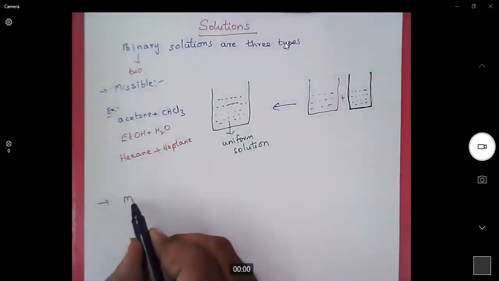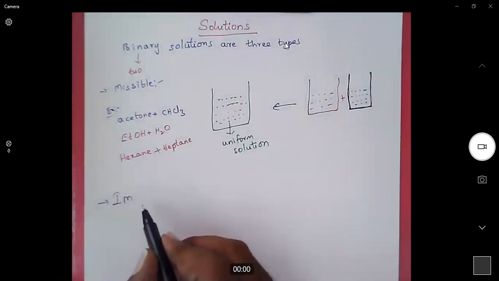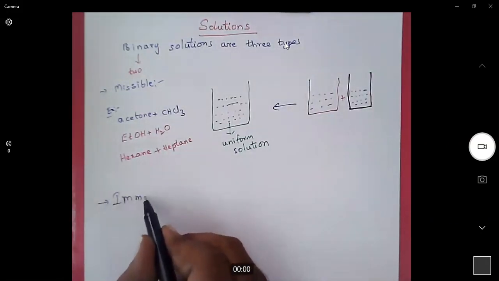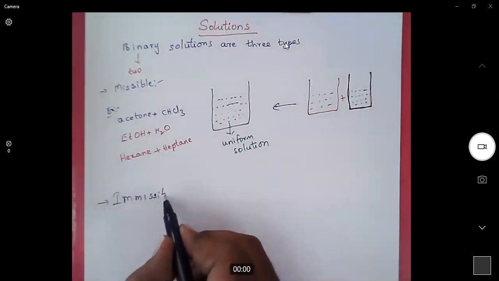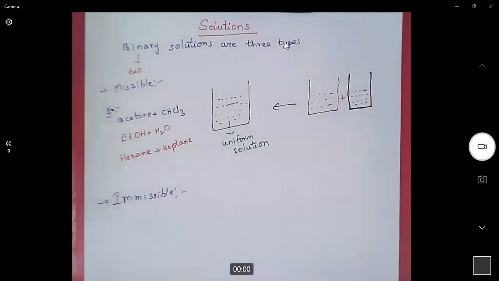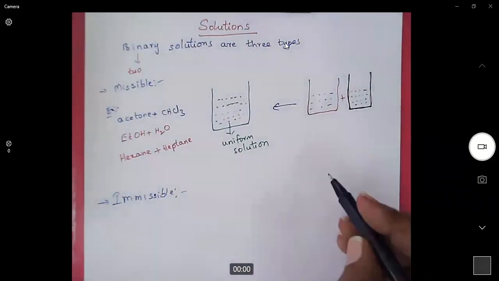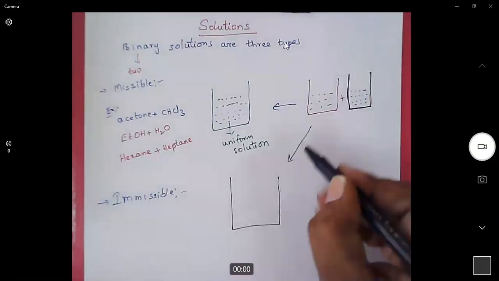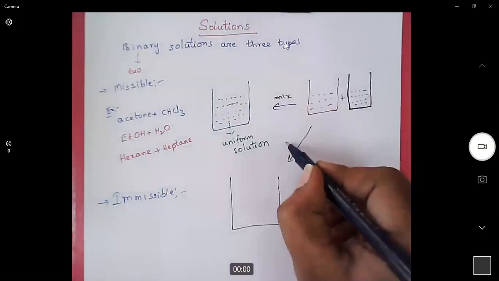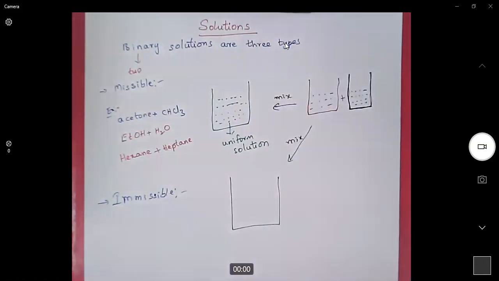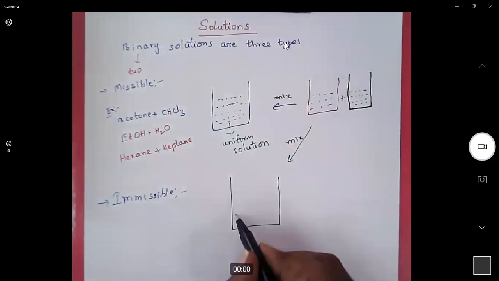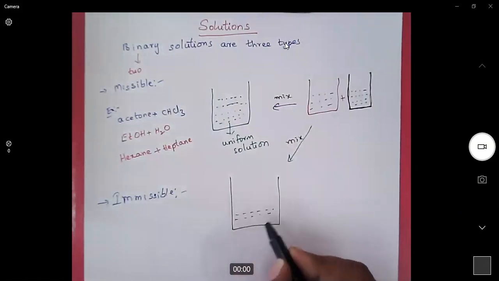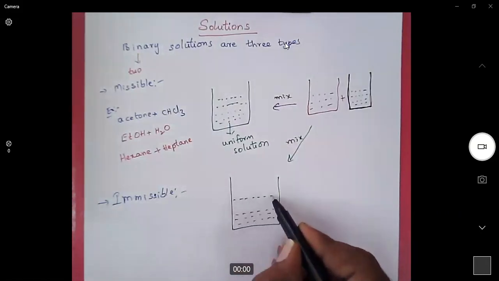Second type is immiscible solutions. What are immiscible solutions? When we mix these two solutions, what will happen? They don't mix with each other. Instead, they will form two phases. One, the red colored compound, and the other, the blue colored compound.